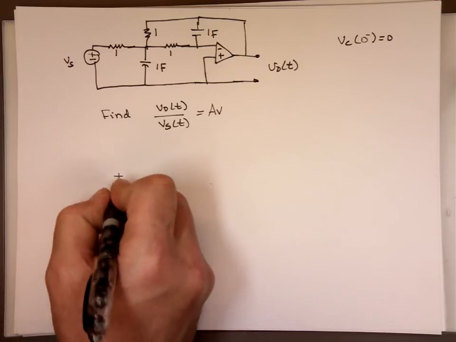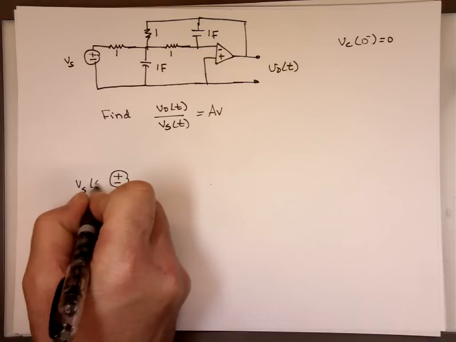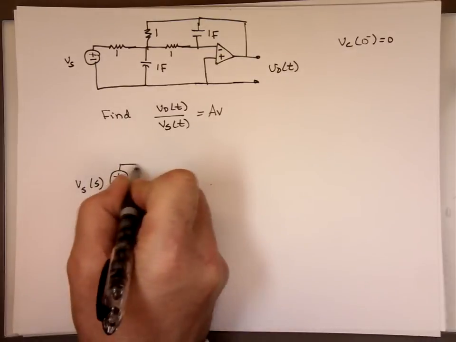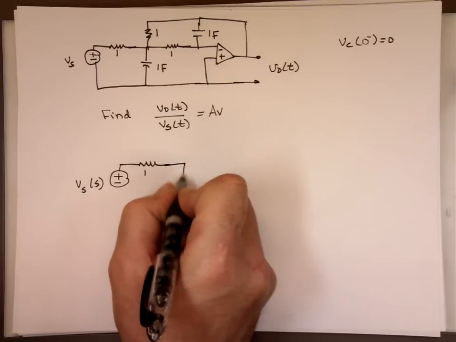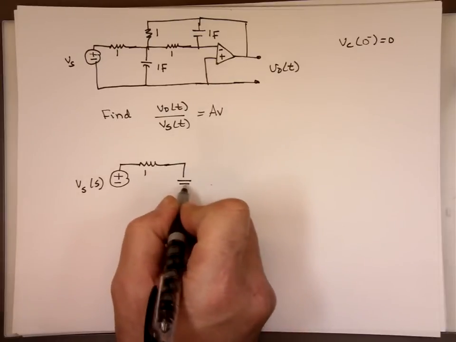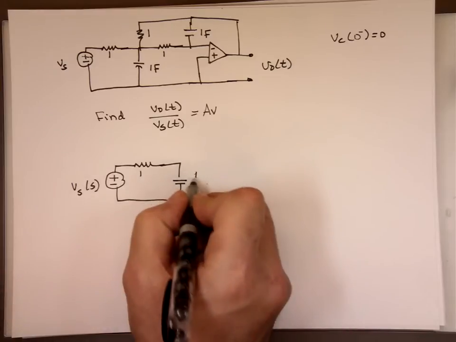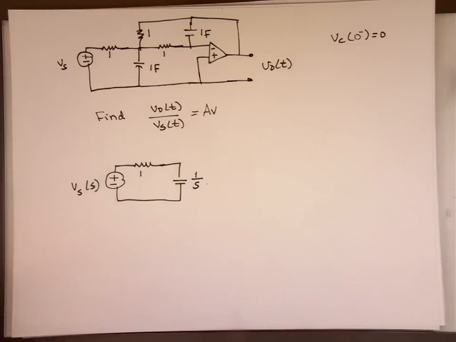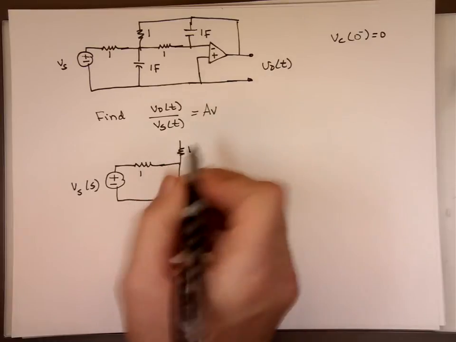So this will be Vs as a function of S. The resistor stays the same. The capacitor is 1 over SC, which means 1 over S, since C is 1. The resistor is 1.